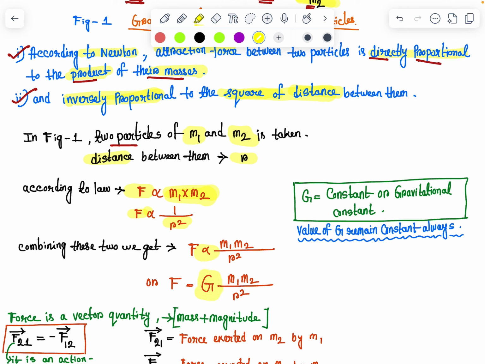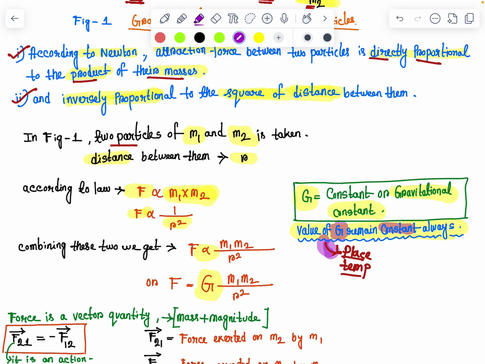Here G is the constant, also known as the gravitational constant, and its value always remains the same. It does not depend on the climate, the place, or the temperature. The value of G will always be constant.